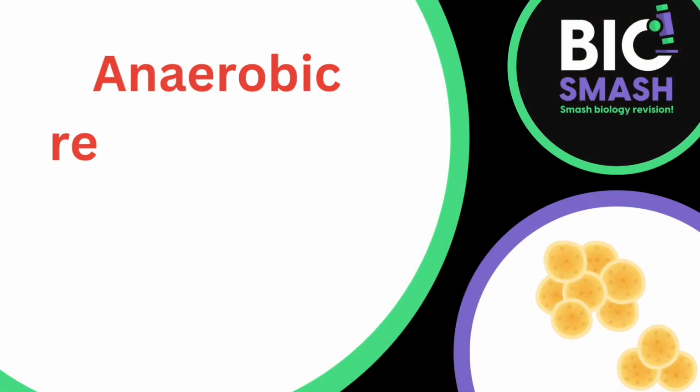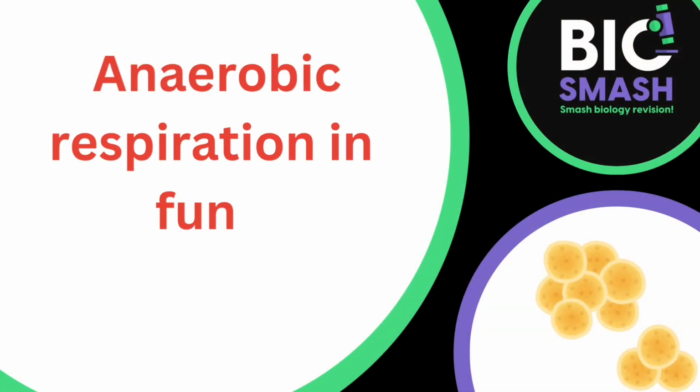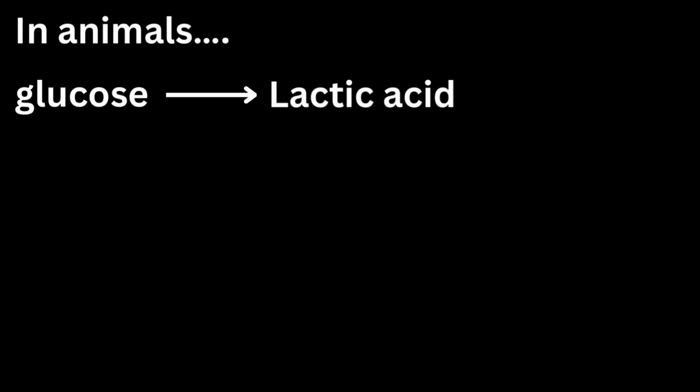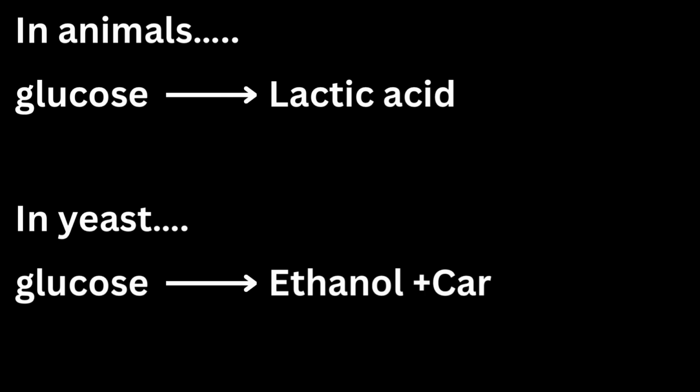Before we finish, I just want to mention that anaerobic respiration isn't the same in all living things. Let's look at what happens in fungi. So remember, in animals, glucose is broken down into lactic acid, which releases energy. But in yeast, which is a type of fungi, the glucose is broken down to a chemical called ethanol and carbon dioxide, and this also releases energy in the process.